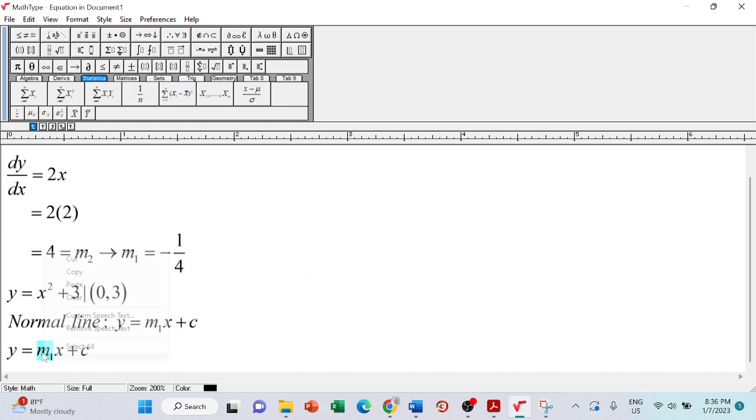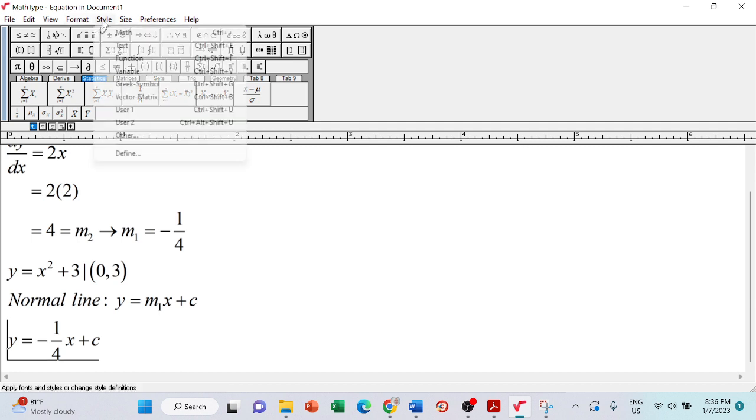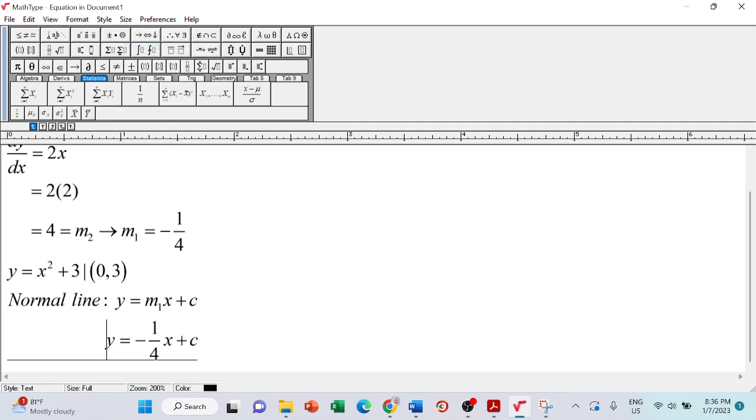This one ganti dulu. Okay, see nampak ni medium dah gantikan m1 negatif 1/4 and dia plus c. So next kita kena tahu c ni nilai dia berapa. So kita akan guna this coordinate because this point akan point yang sama passes through between you punya tangent and normal.